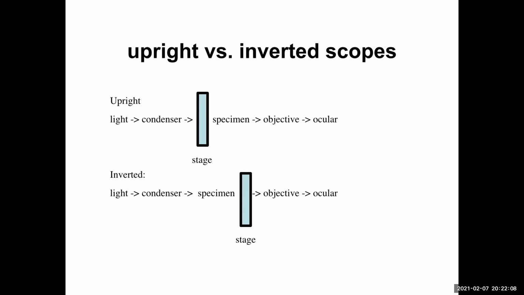This is transmitted light we're talking about. And then it gets collected by the objective, which goes out to the ocular and/or the camera if it's a digital scope. If you look at the words for the inverted, same exact thing. Light to condenser through the specimen, collected by the objective, out to the ocular and camera. The only difference is what side of the specimen the stage is on.